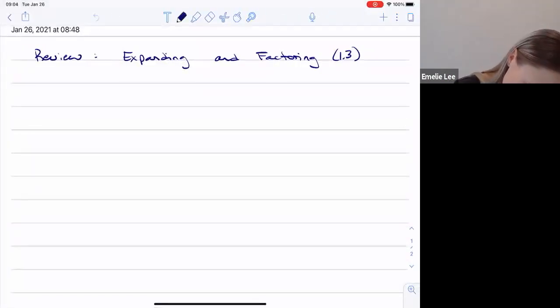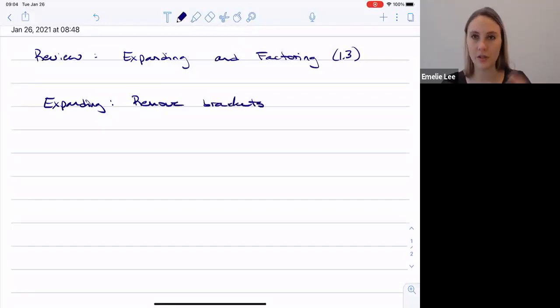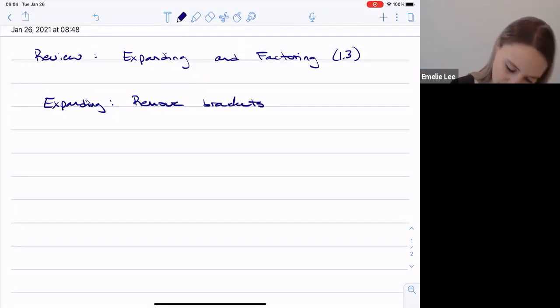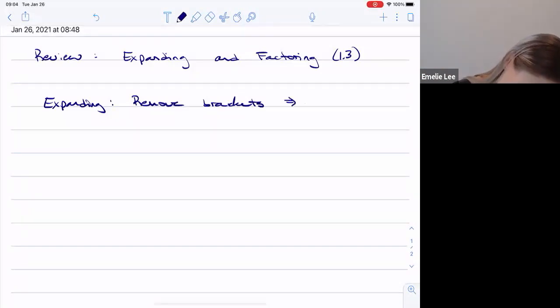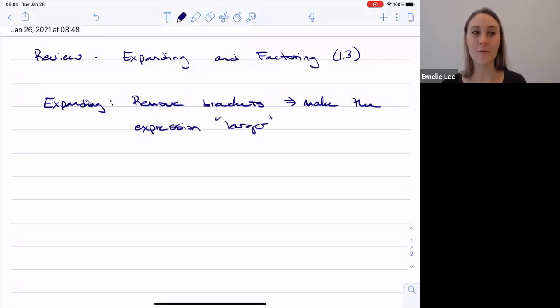So expanding is going big, and factoring is the reverse. Maybe I'll write that down. Expanding is when we essentially remove brackets and make the expression larger, just more terms, but no brackets.